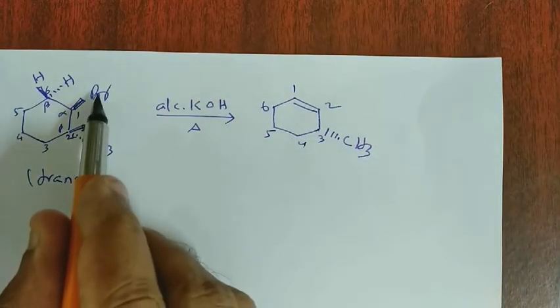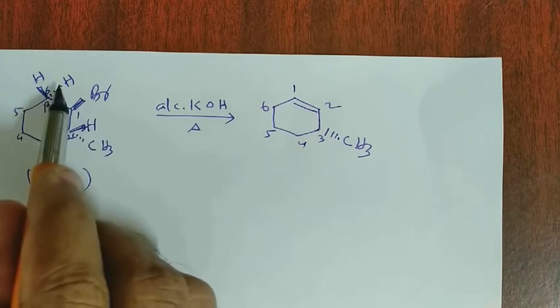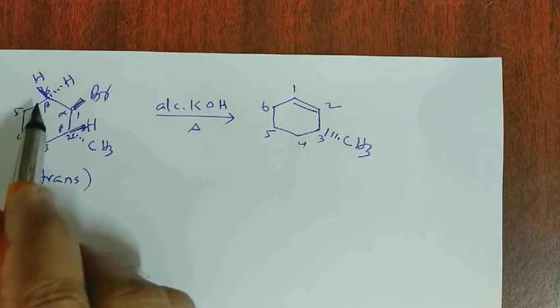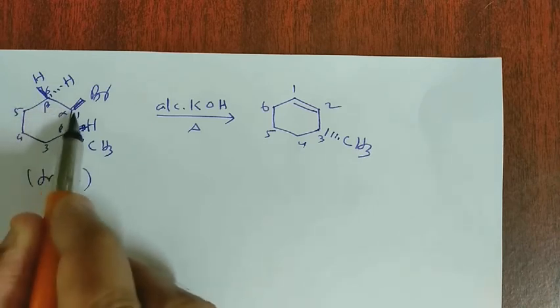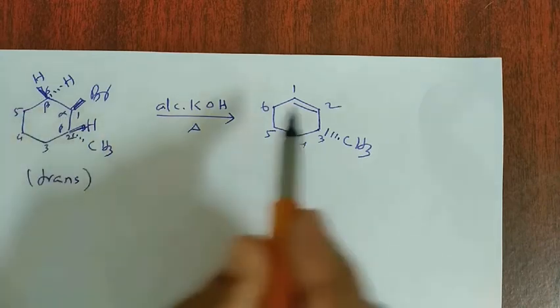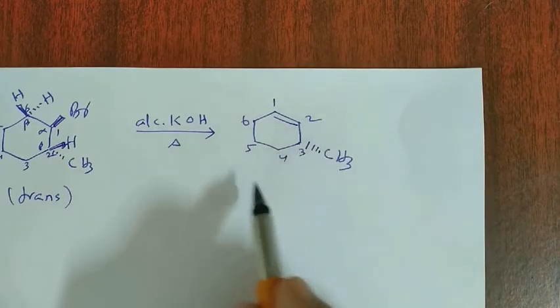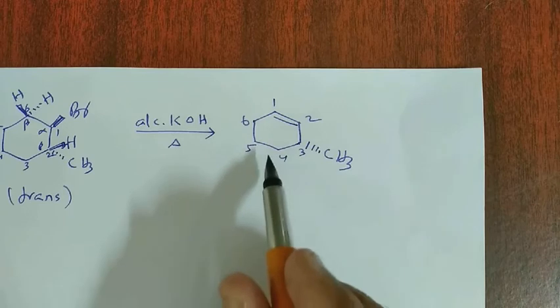The halogen atom and beta hydrogen atom must have a trans orientation. So double bond is formed between first and sixth carbon atom. This product is named as 3-methyl cyclohexene.